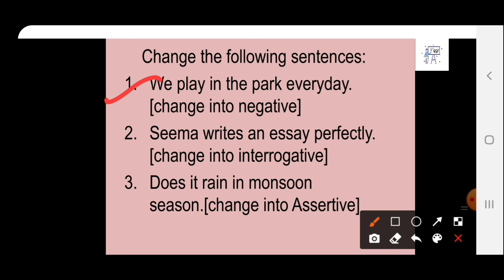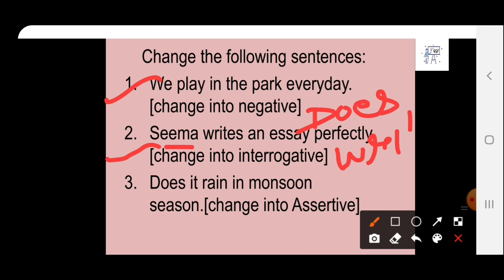We do not play in the park every day, right? Next is, Seema writes an essay perfectly. Here we have to change this into interrogative. Seema, this is singular. So, here we will write, does Seema write? Fine. Does Seema write an essay perfectly?